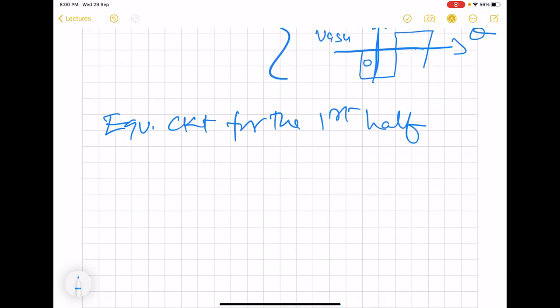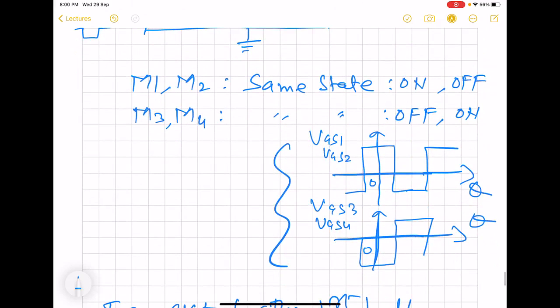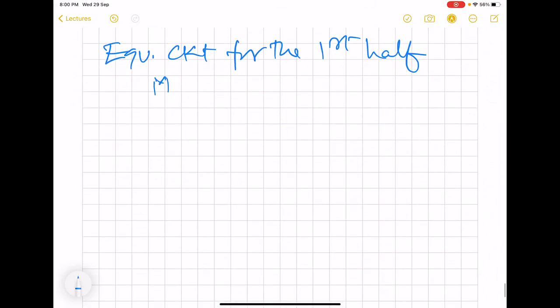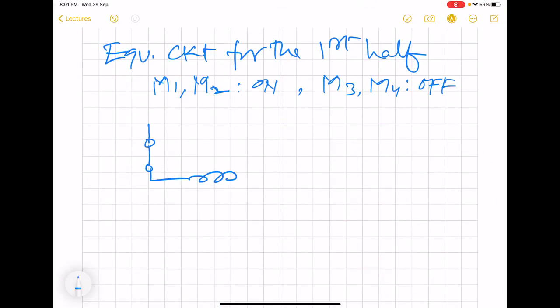So in this half, here we see that gate to source of 1 and 2 are high voltage, so they will be on. The other two are going to be off. That means M1, M2 are on, while M3, M4 are going to be off. So now if we draw the circuit, this is going to be the equivalent scenario.